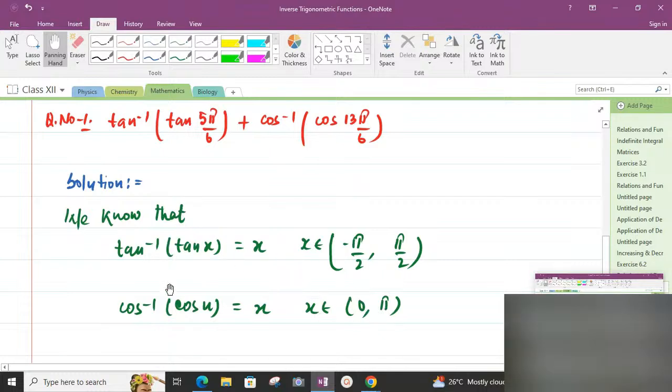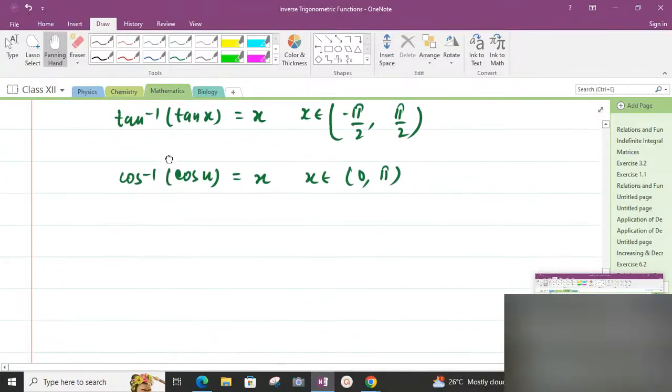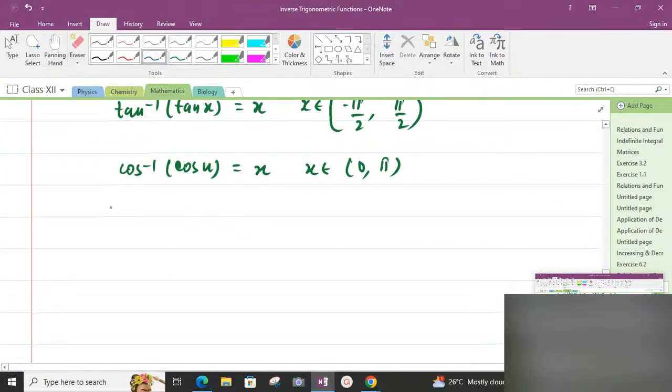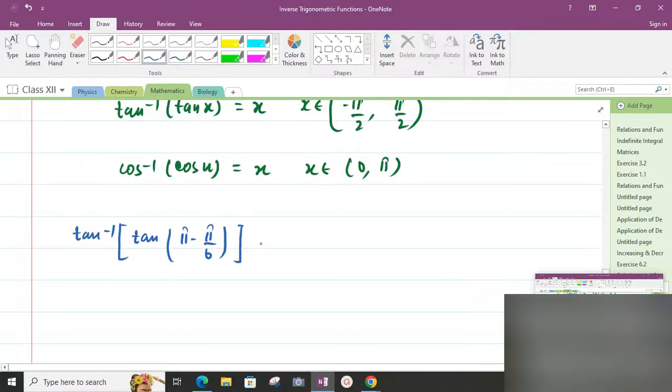So the next step here will be tan inverse tan of pi minus pi by 6, equal to 5 pi by 6. Hope that there is no problem to understand up to this step.